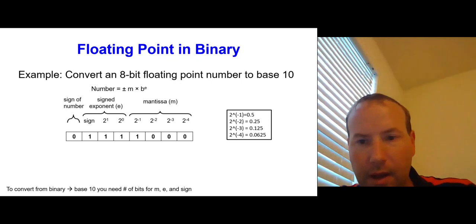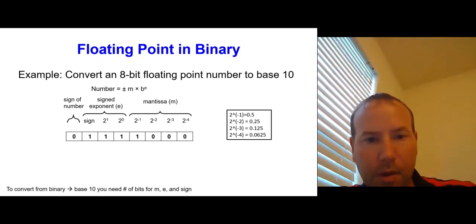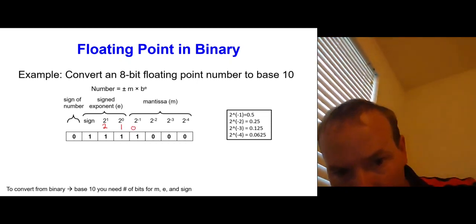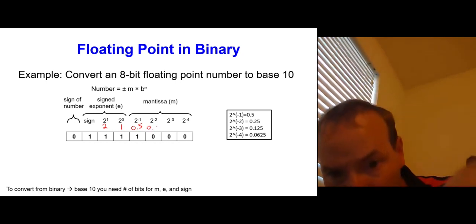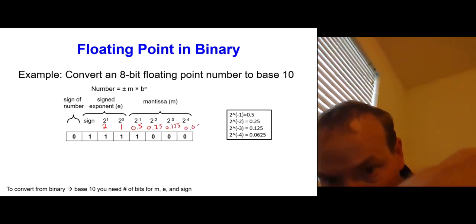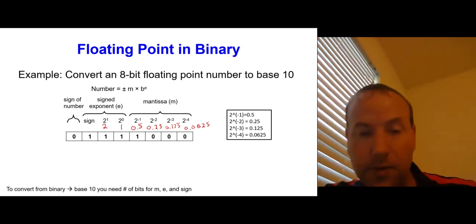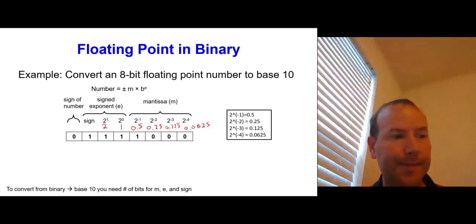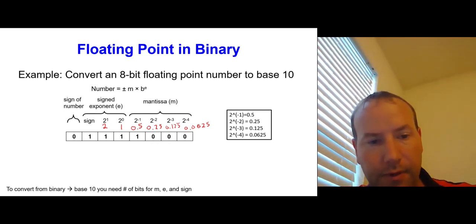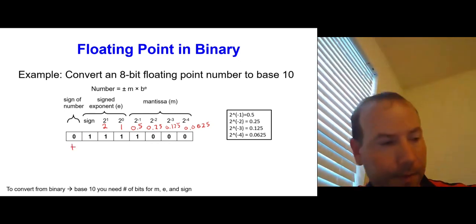Let me remind you with this table here on the right what its values stand for. So here would be 2, 1, 0.5, 0.25, 0.125, and 0.0625. Okay. And note that our number has a 0 right here, which means that it's a positive number.